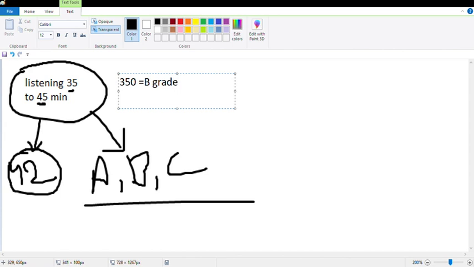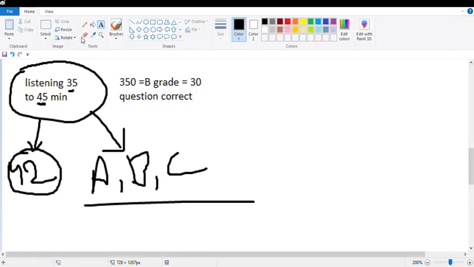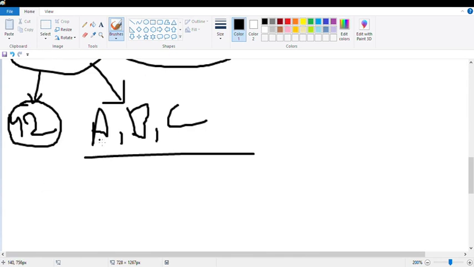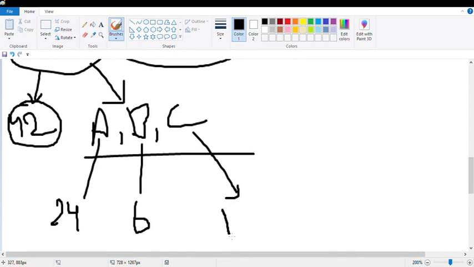B grade is equal to 30 questions correct. Same thing, same like the reading module. Reading part A includes 24 questions, reading part B includes 6 questions, and reading part C includes 12 questions.